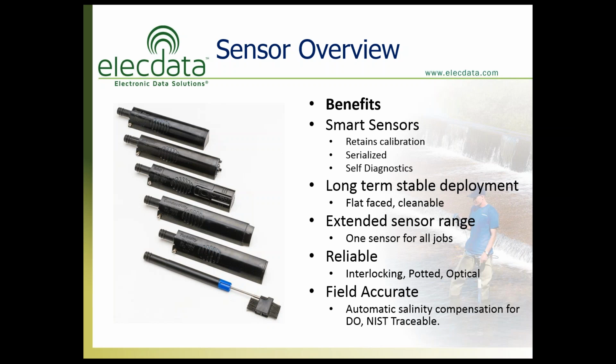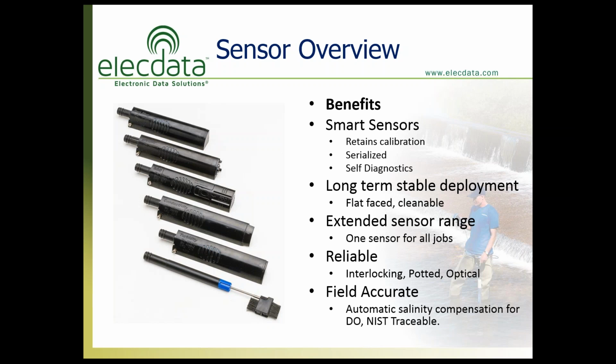We also include what we call smart sensors, meaning each one of these sensors has circuitry or a little chip inside of it that keeps track of calibration information and sensor performance. So the individual sensor calibration is retained inside of that specific sensor.